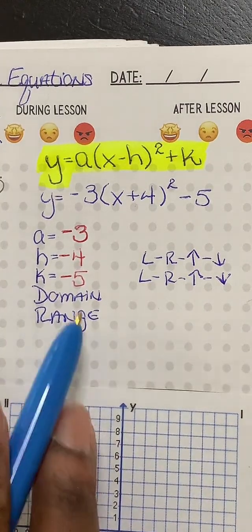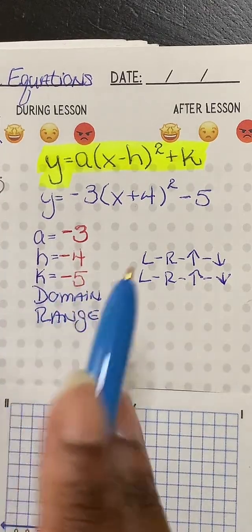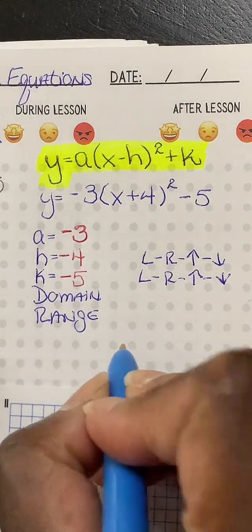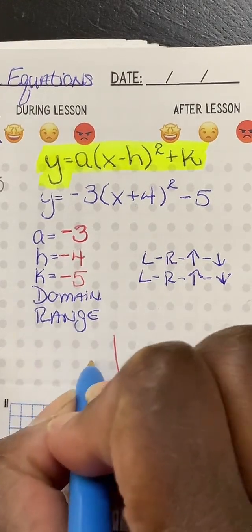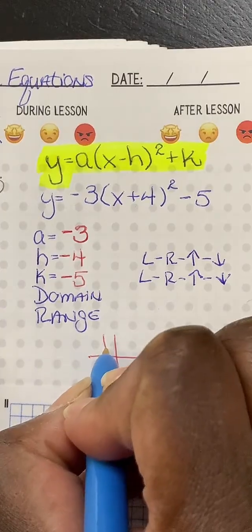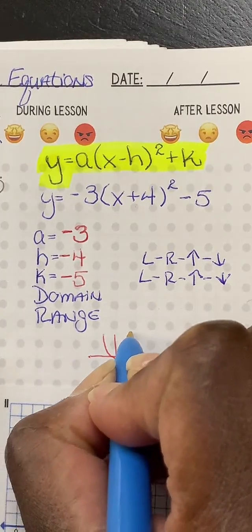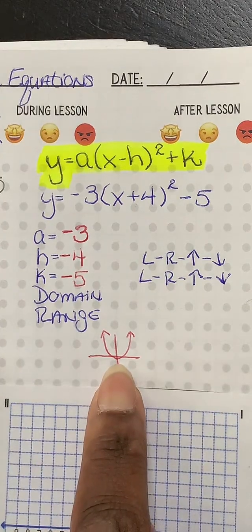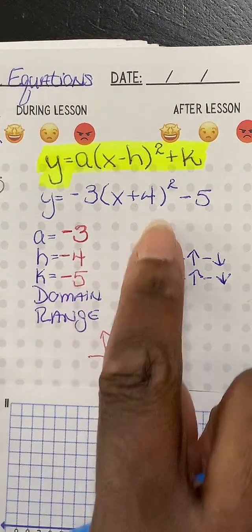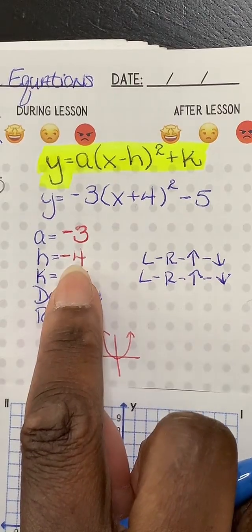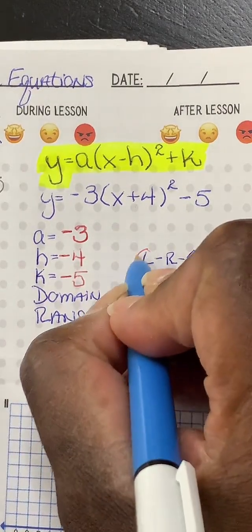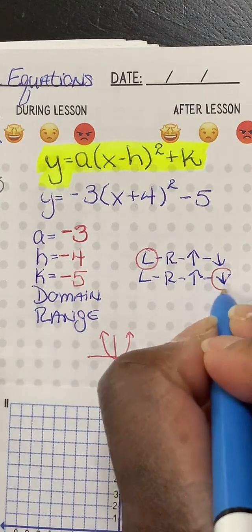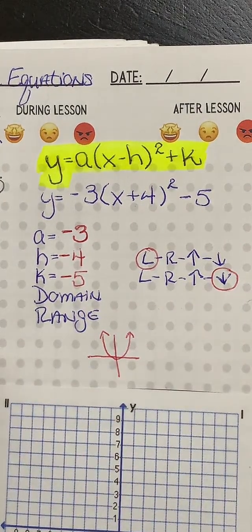All right. So what you found, if I was to start at 0, 0, so I'm going to put a rough sketch right here. If I were to start at the origin with my parabola, when it says -4, that means I moved to the left 4, and then I went down 5.